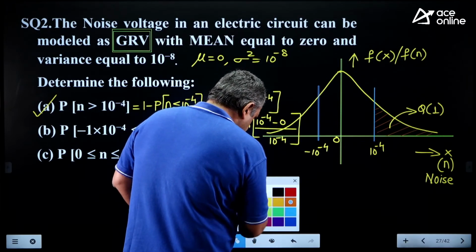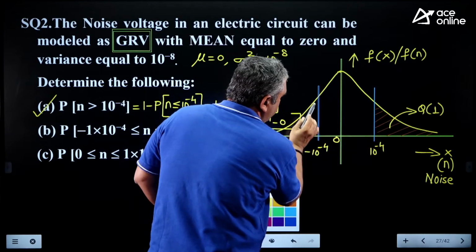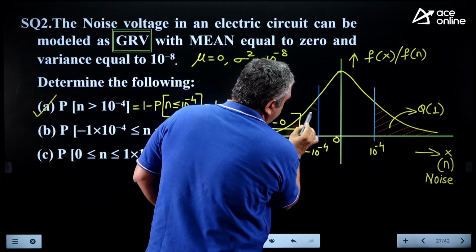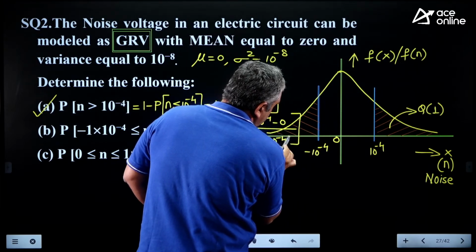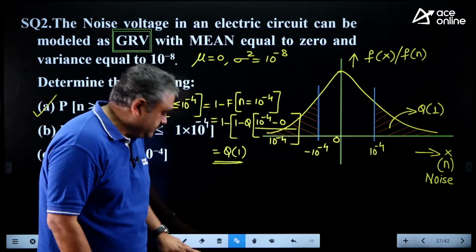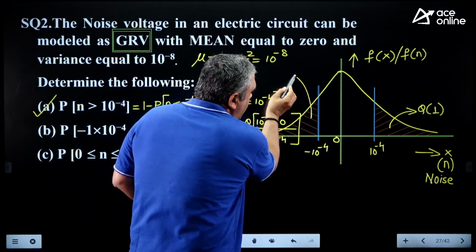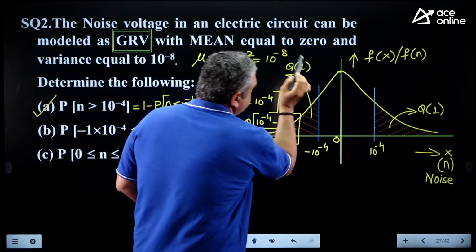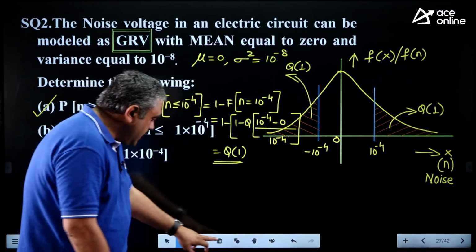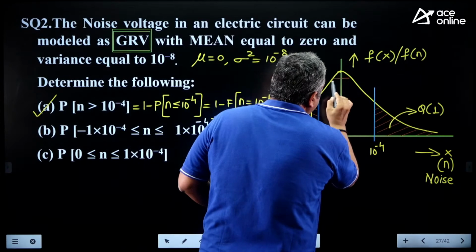Now, if this shaded region is from 10 power minus 4 to infinity, the other shaded region is from minus infinity to minus 10 power minus 4. That means the area under this shaded region would obviously again be q of 1.